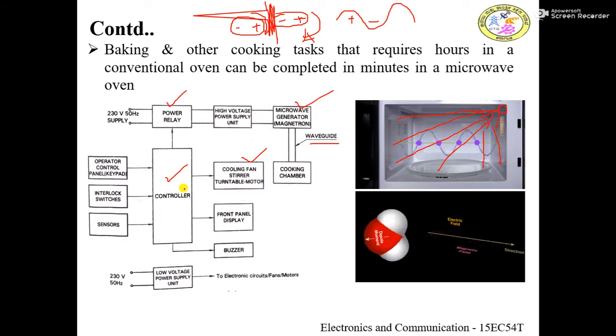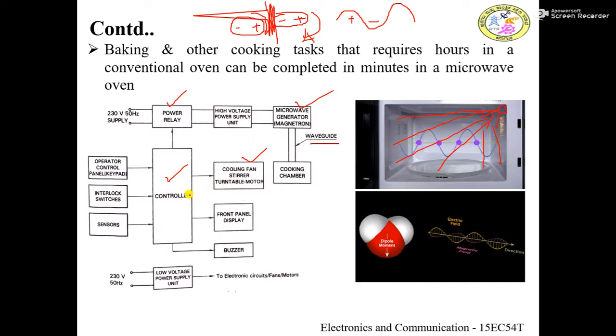In some cases, in some automatic features, the controller is going to read the various conditions inside the cooking chamber, like temperature and moisture, with the help of sensors.